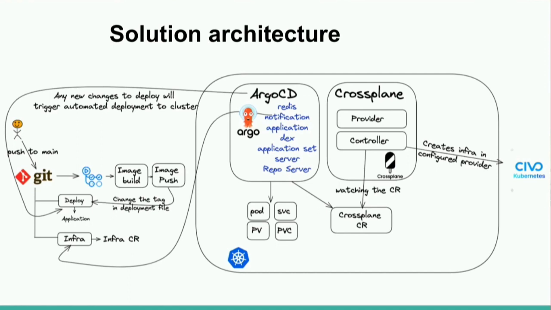Argo CD doesn't know what YAML it is applying, it is just applying the YAML file. Now there is also Crossplane that is installed onto this cluster. Now as soon as Argo CD applies that Crossplane custom resource, the controller will be watching that and will create the infra with the configured cloud provider. So that's how overall the working would look like.